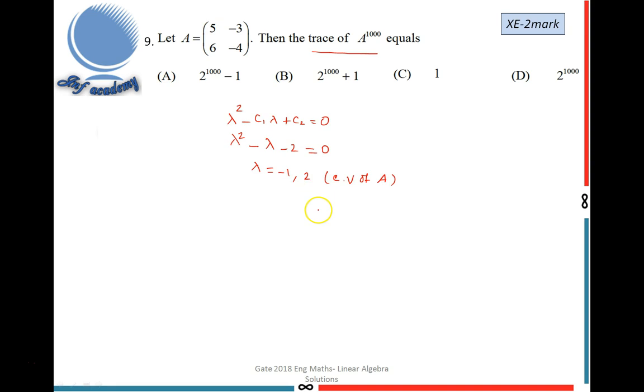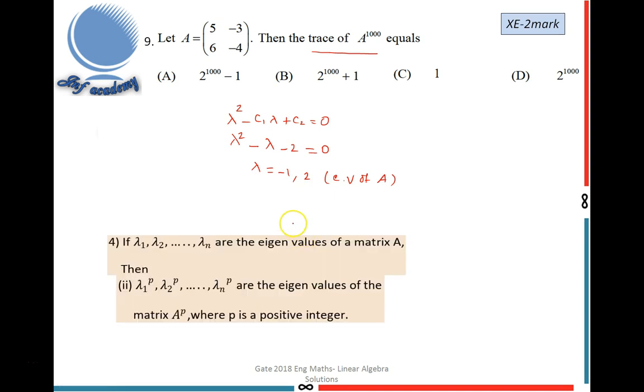Here I use one property of eigenvalues, that is if lambda 1, lambda 2, ..., lambda n are the eigenvalues of a matrix A, then lambda 1 power p, lambda 2 power p, ..., lambda n power p are the eigenvalues of the matrix A power p, where p is a positive integer. Here I find the eigenvalues of A power 1000.